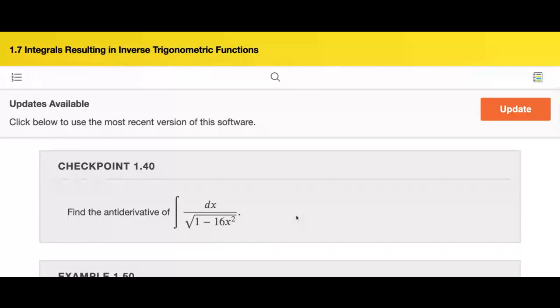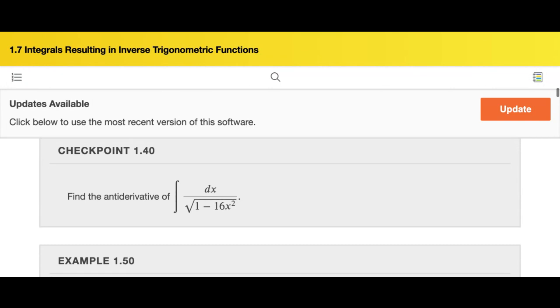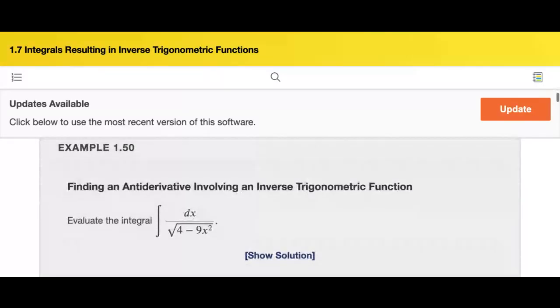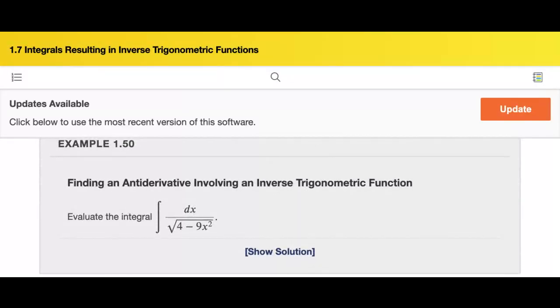Okay, let's see this one. This one, a is 1. Well, u is not only x squared, so u is 4x. So we would have arc sine 4x plus c. Now in this one, we do have a, and a is 2.